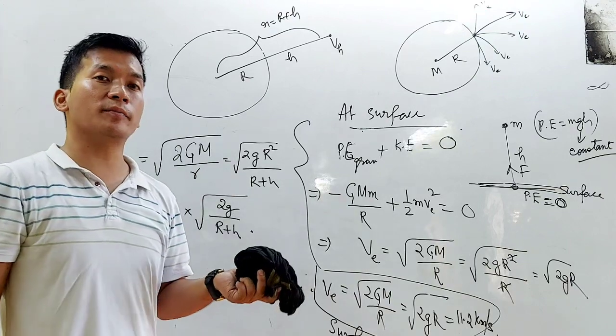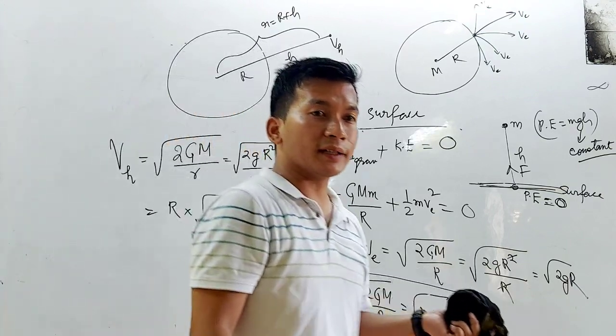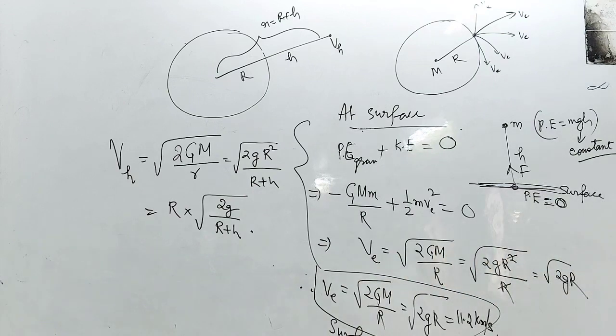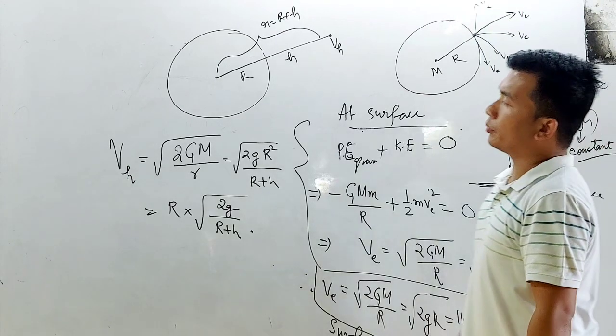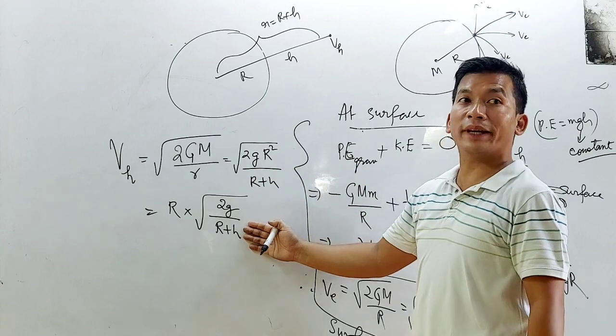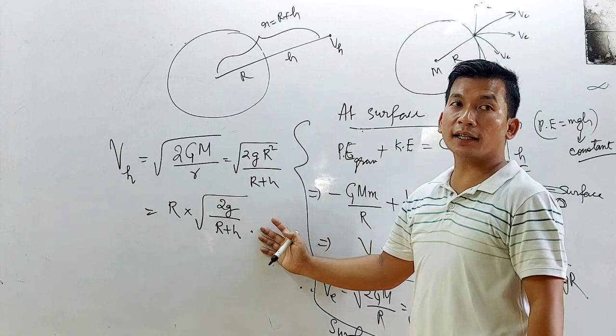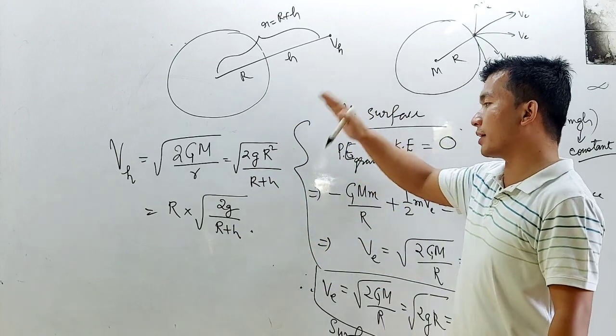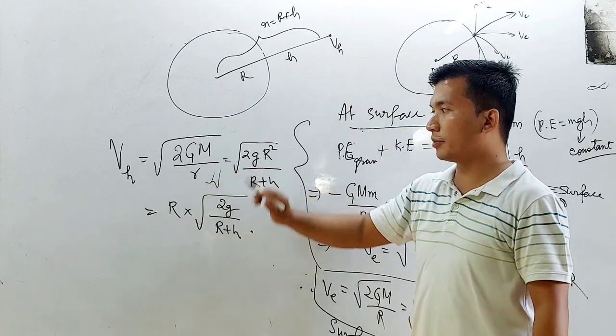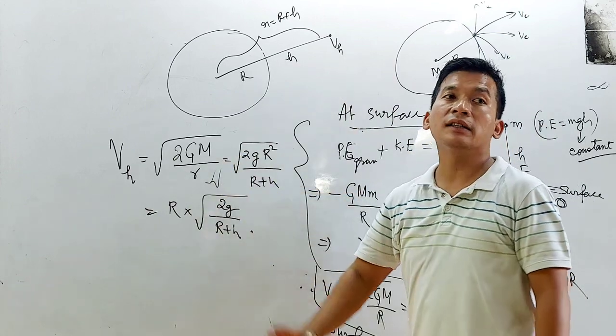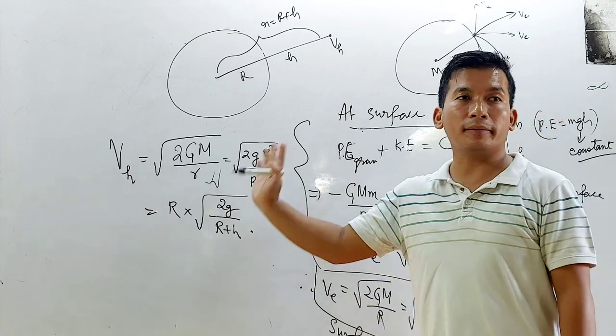Escape velocity concept: if you throw an object up to some certain height, in order to avoid air friction, if this is possible we can ignore it. The escape velocity from some certain height will be this one. This is only the reductory part, not the main formula.